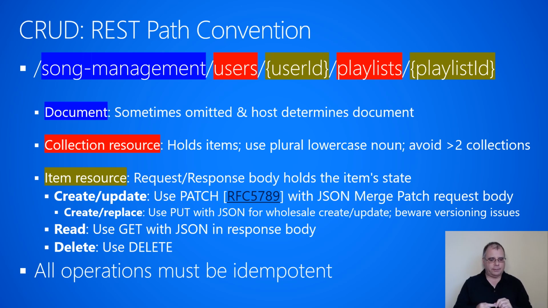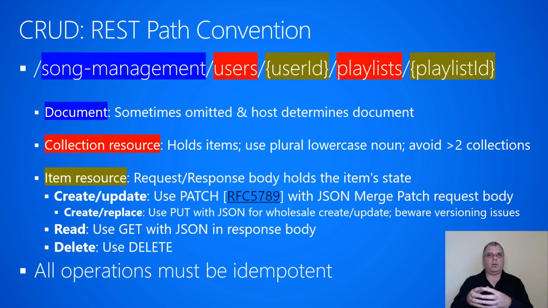So now we have the item resources, which have IDs to represent them, and the request and response body will hold the item state here. To create a user, you would typically use PATCH, RFC 5789, with a JSON merge patch request body.